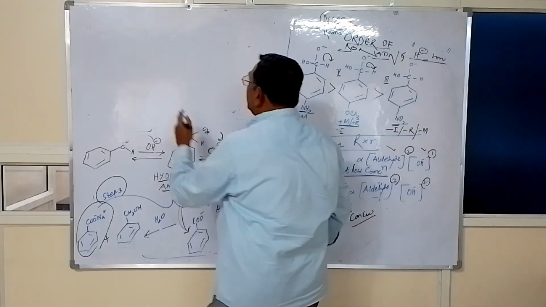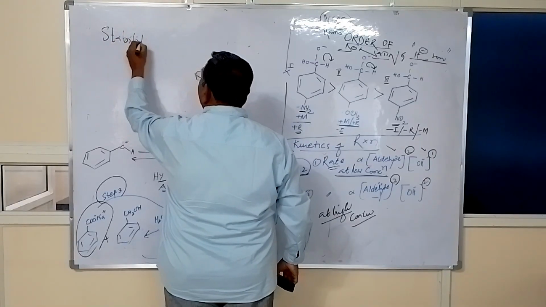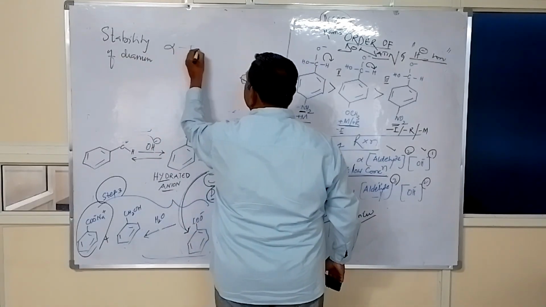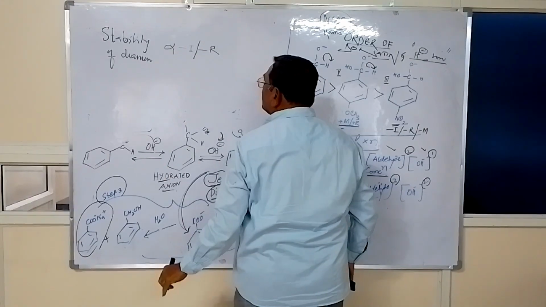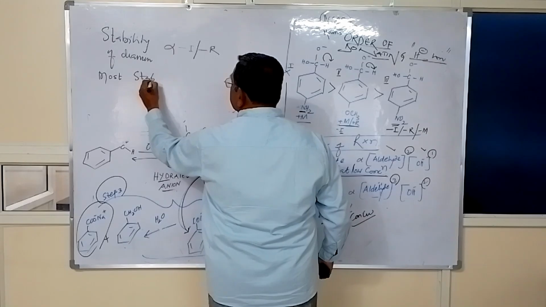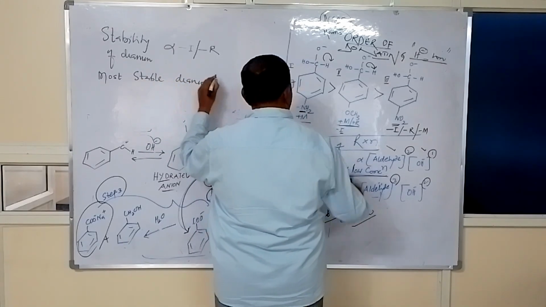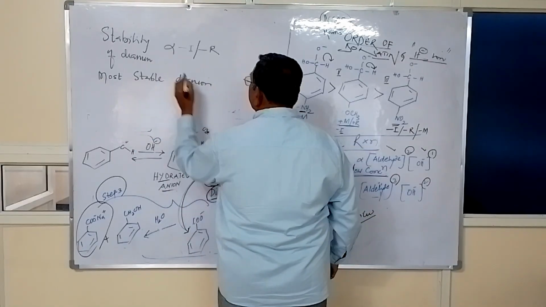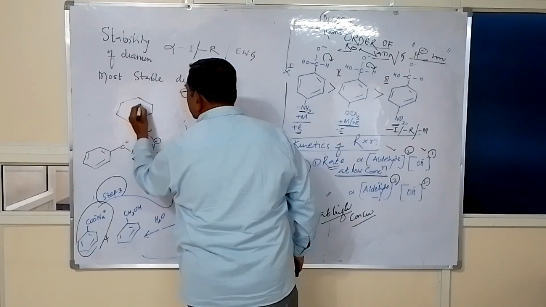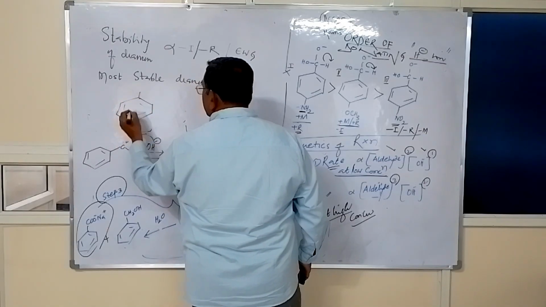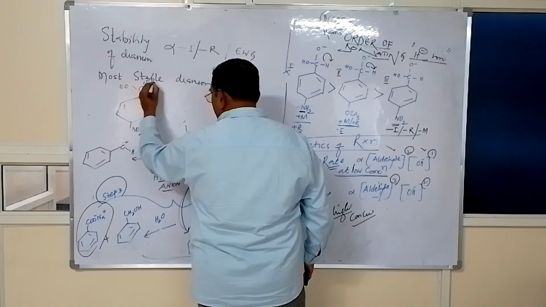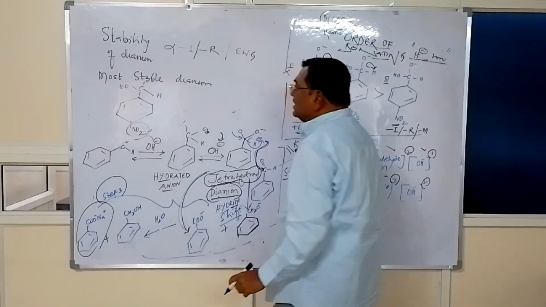The stability of dianion is directly proportional to the minus I effect. So the most stable dianion in the given molecules is the one having electron withdrawing groups, like the nitro group, with OH, O minus and H. This is the most stable dianion.